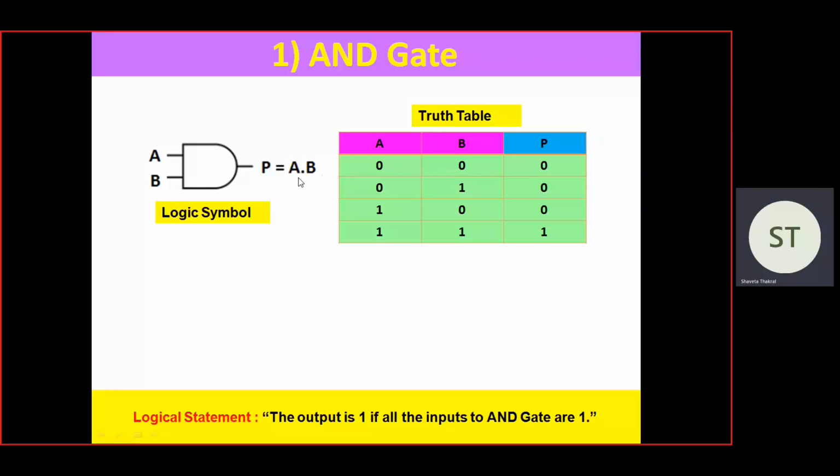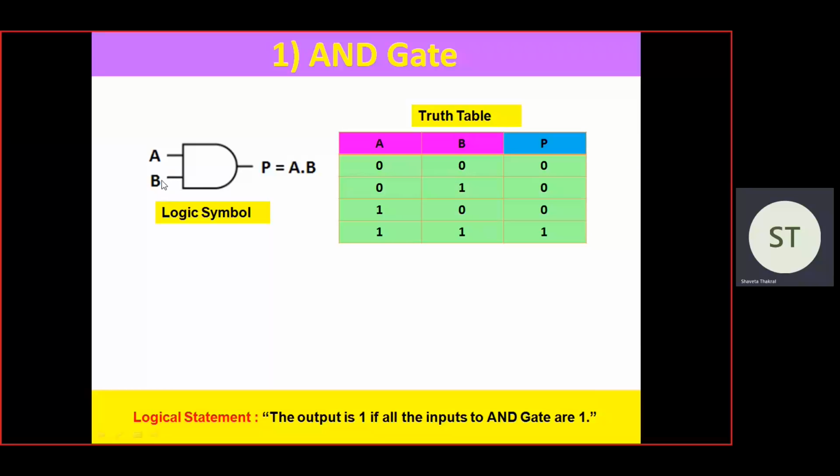its Boolean expression, its truth table, and its logical statement. So we can see here the logical symbol of the AND gate, and for simplicity we are showing all the gates with two inputs. Let's assume the inputs of this logic gate are A and B. Any variable you can think of, you can write here.